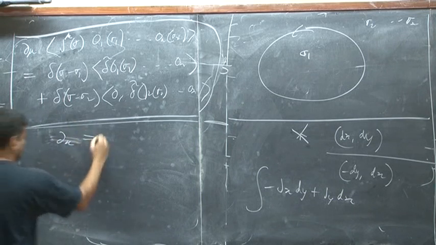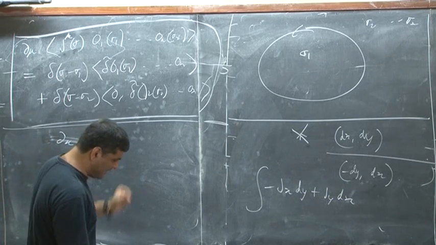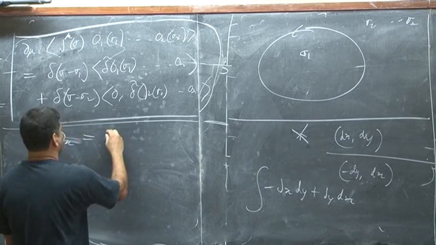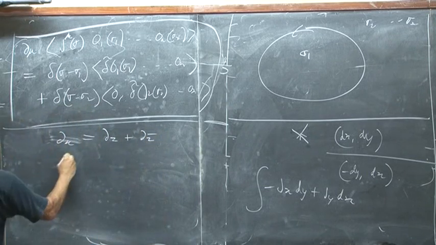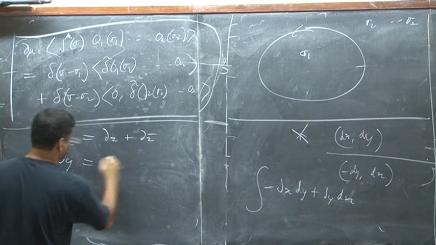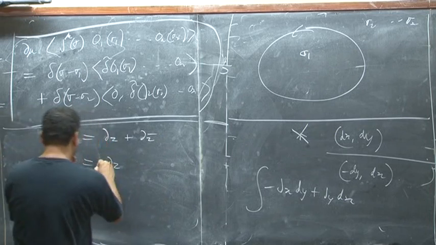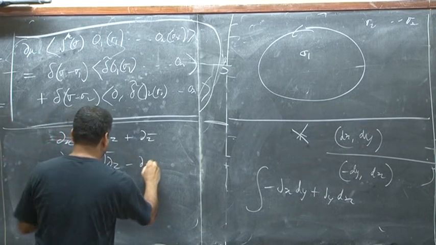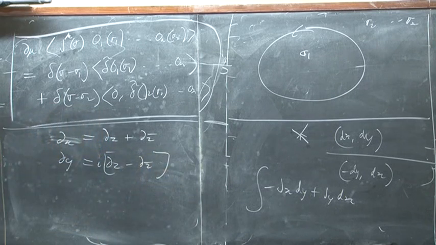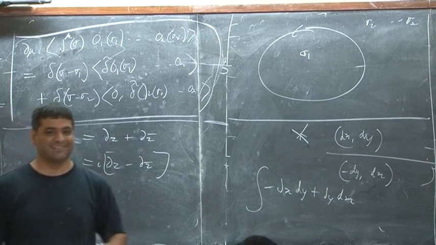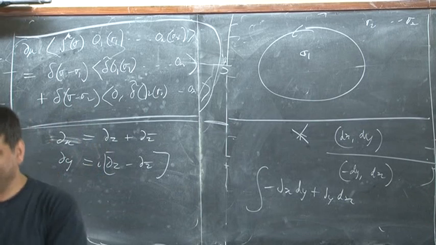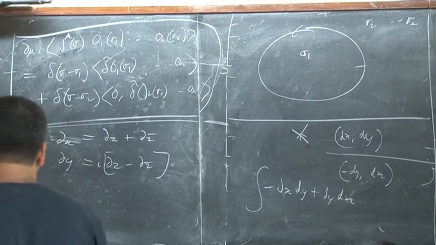So del x went like what? dz by dx, so that was 1 times del z. So, del z plus del z bar. Del y would be equal to i times del z minus del z bar. Right, because dz by dx was 1 and dz by dy was i. dz bar by dx was 1 and dz bar by dy was minus i.